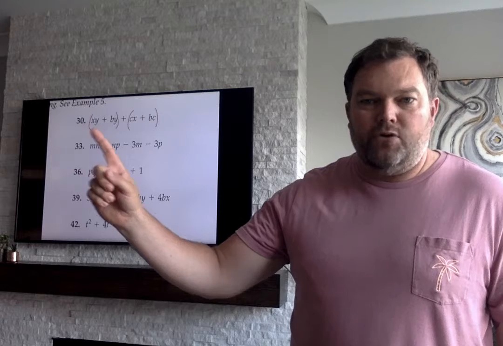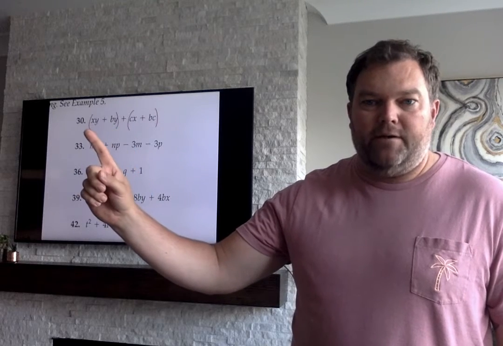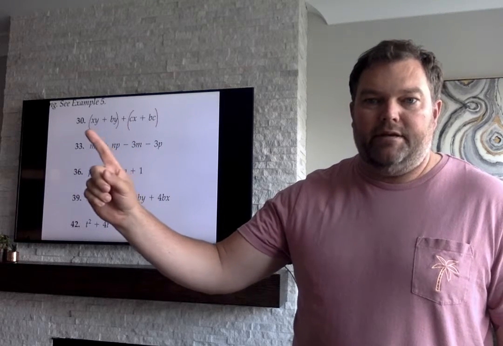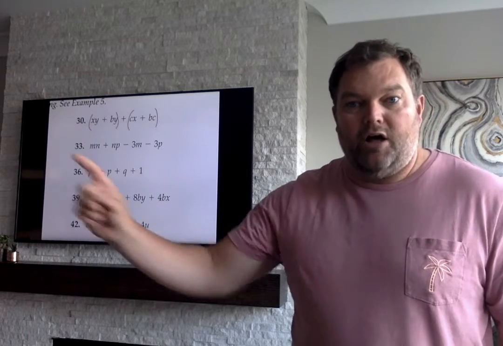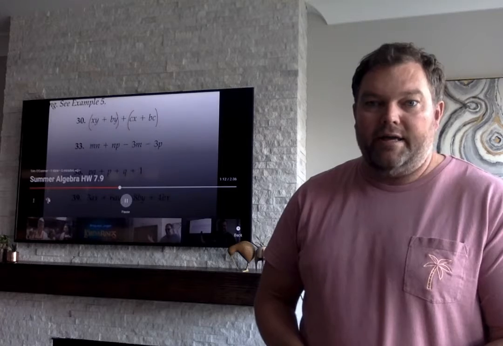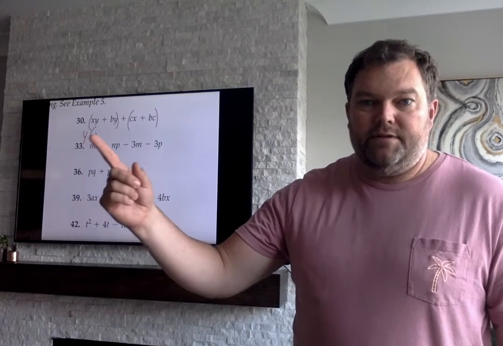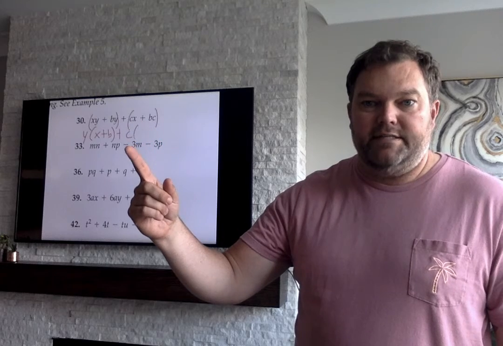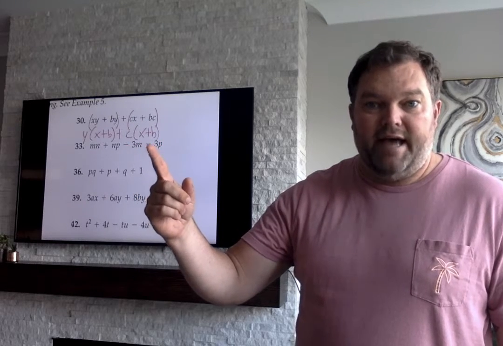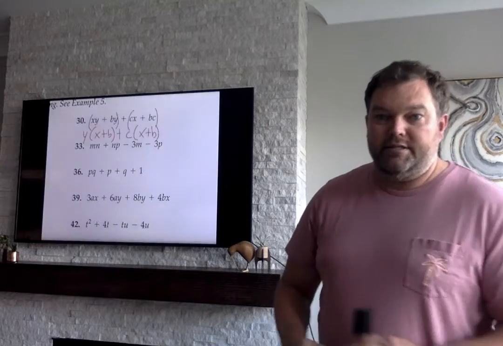Now, just focus on this first pair. Is there anything common here? Yeah, there's a y. I'll be able to factor out a y, and look what I have left, x plus b. Look here, what's common? A c. What would be left? X plus b. Now, I want to pause it there.